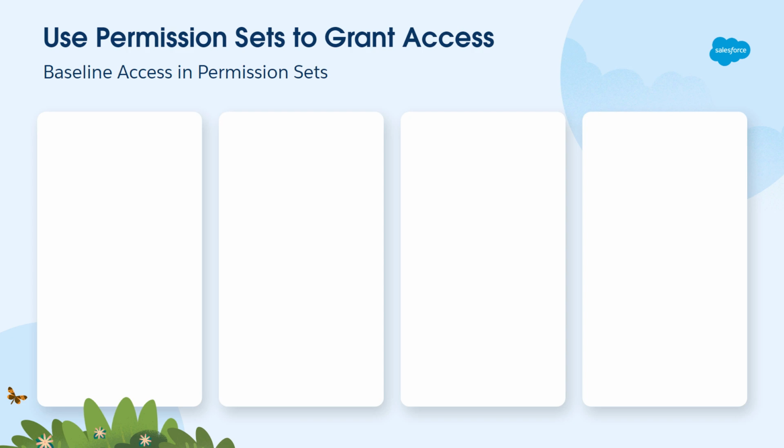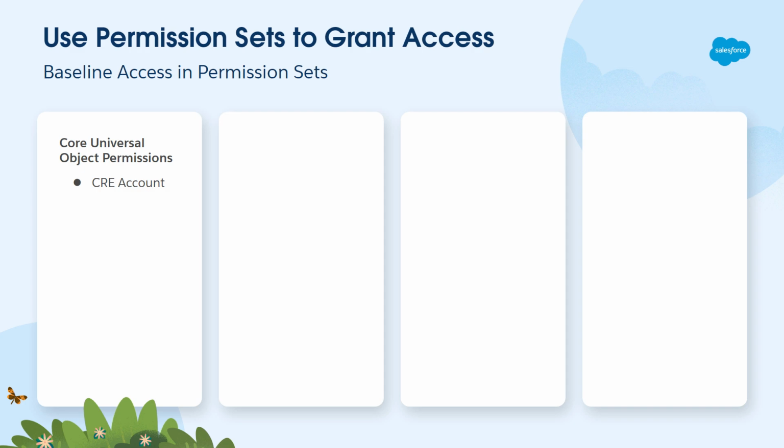And let's think about, first of all, some of the baseline access we might grant out. So maybe we have a permission set that's called Core Universal Object Permissions. So this is just going to be your core objects that you use at your company that are universal, and you can then grant those access in one permission set.